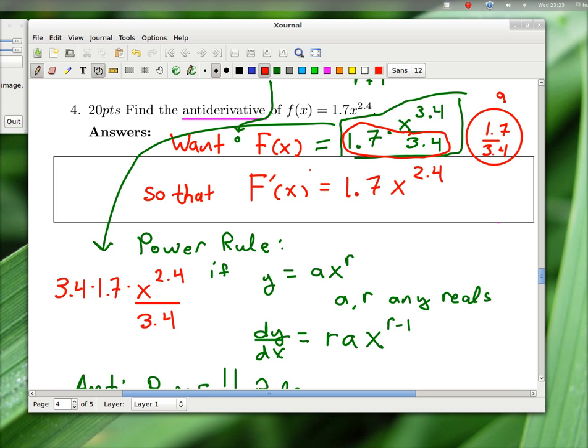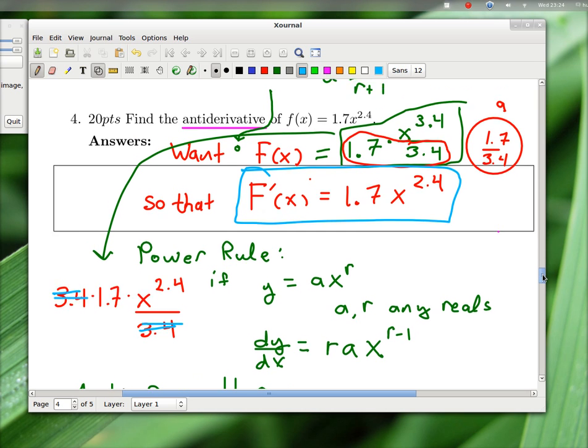So I just leave it alone. See how these two things make up my constant? So I really can just leave the 3.4 there. And then they cancel. So this 3.4 cancels with its enemy, and you get left with 1.7 times x to the 2.4. And so it's true that the derivative of capital F is the original function. And so we're done.